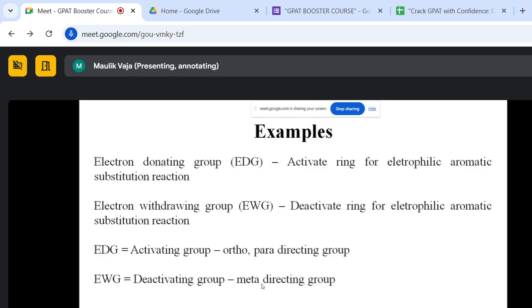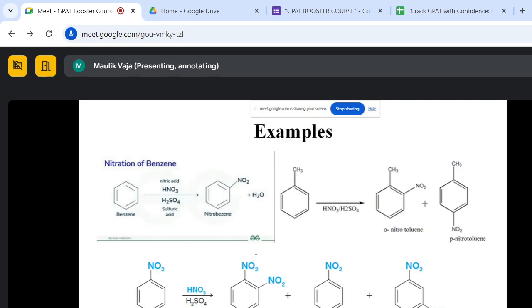You have to just identify which one is an electron donating group and which one is an electron withdrawing group. Why is an electron donating group ortho-para directing? We will discuss it.